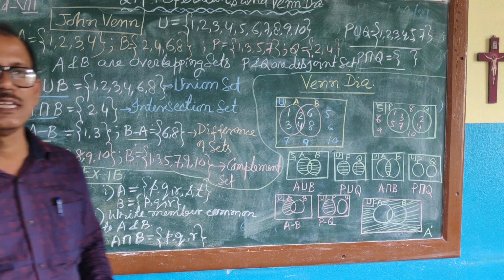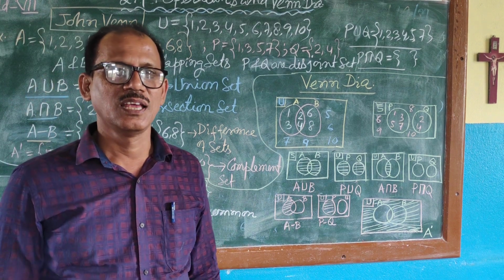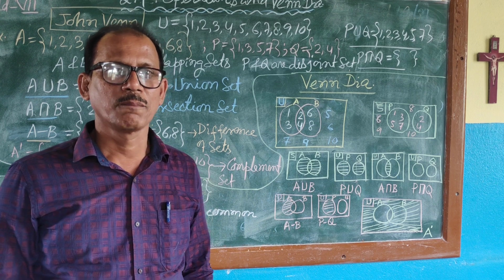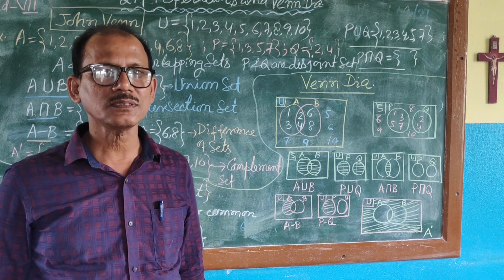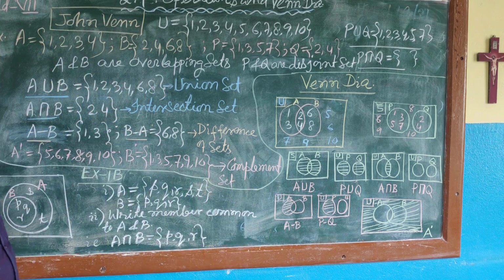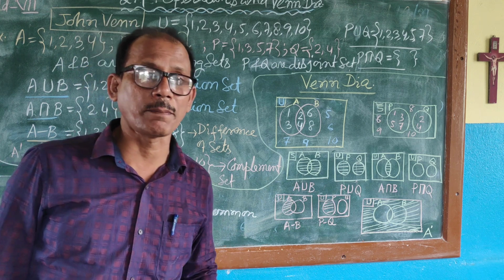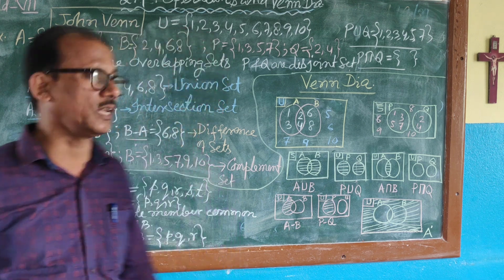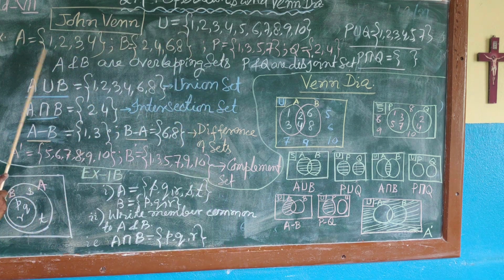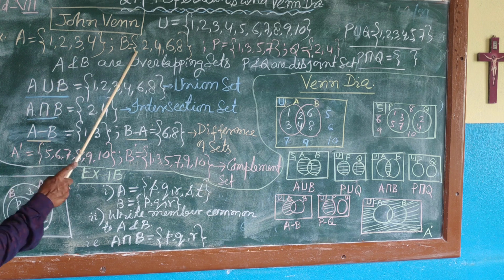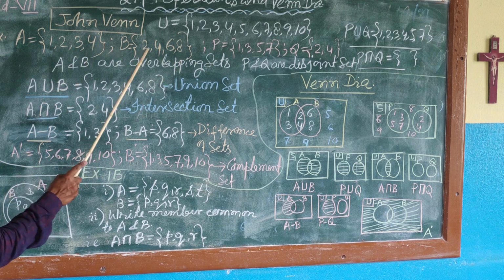Now you go for the intersection of two sets. Intersection means what? Which part is common? Some part will be common in overlapping sets only. So for these sets, which elements are common? 2 and 4.